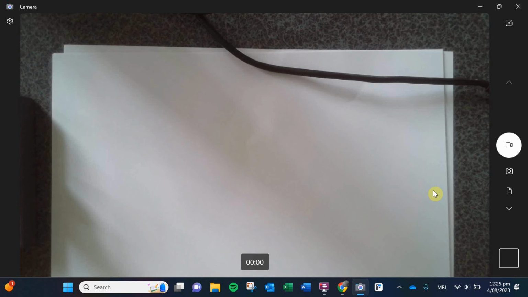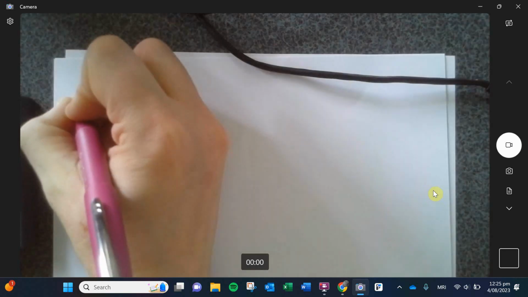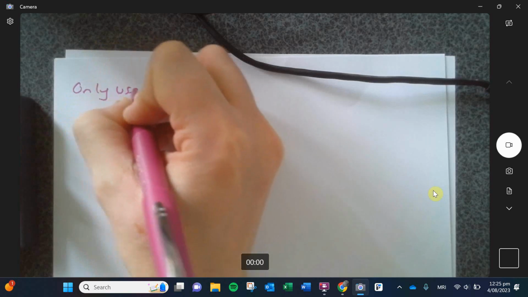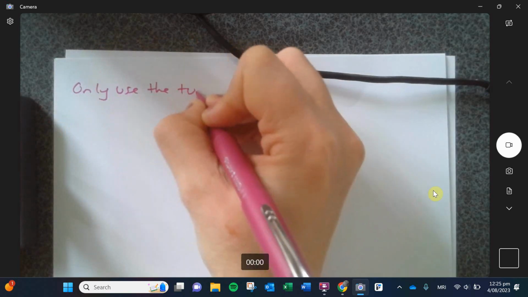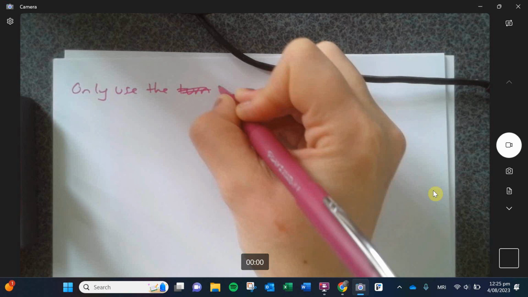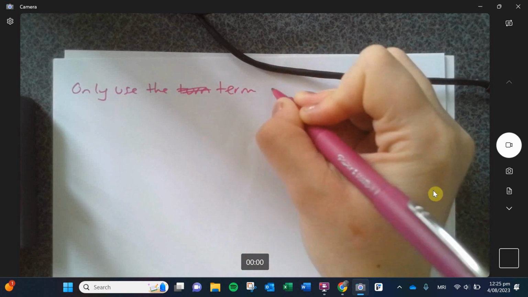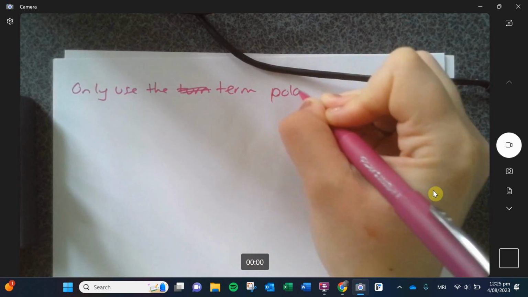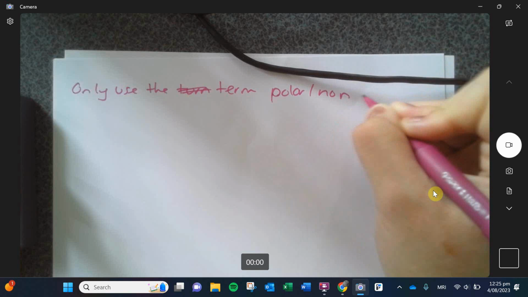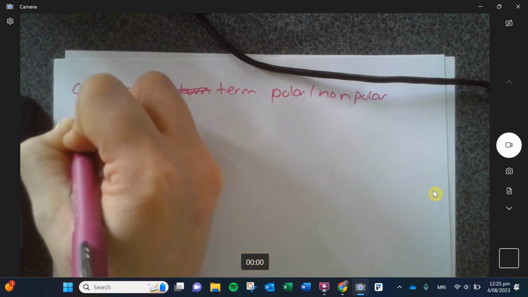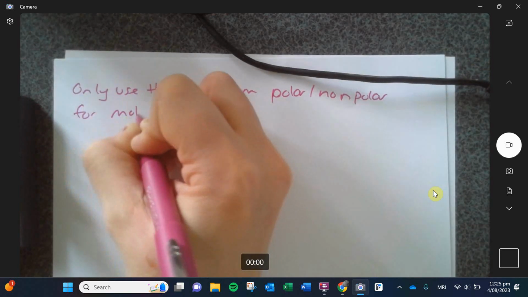I want you guys to be really, really careful with your terminology because it will make a difference between a merit and an excellence level answer. When we are talking about things being polar and nonpolar, you're only referring to molecules. So only use the term polar or nonpolar for molecules.